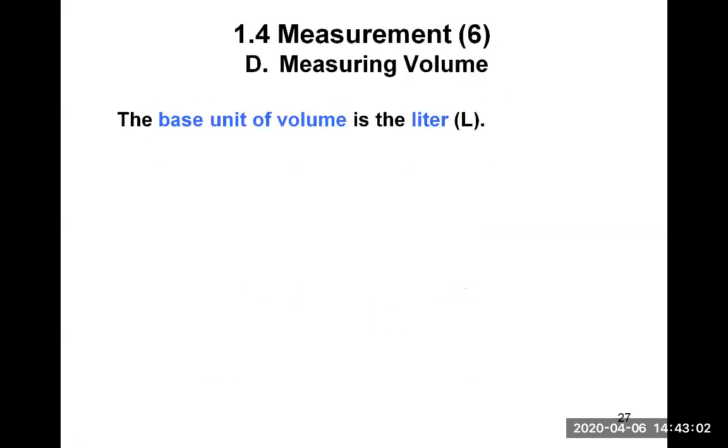The base unit for volume is the liter in the metric system. Liter has the symbol of capital L. Again, 1 kiloliter is 1,000 liters. If you replace kilo by its value, which is 1,000, you get 1 kiloliter equals 1,000 liters.